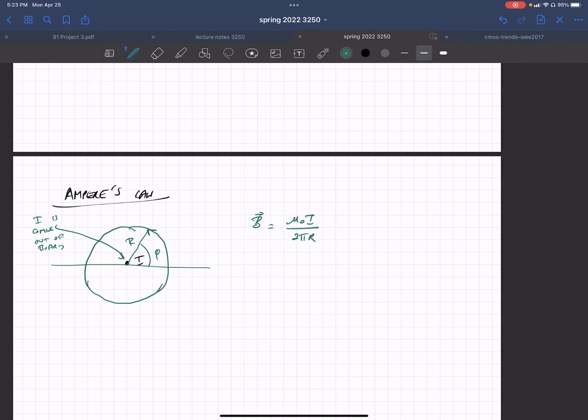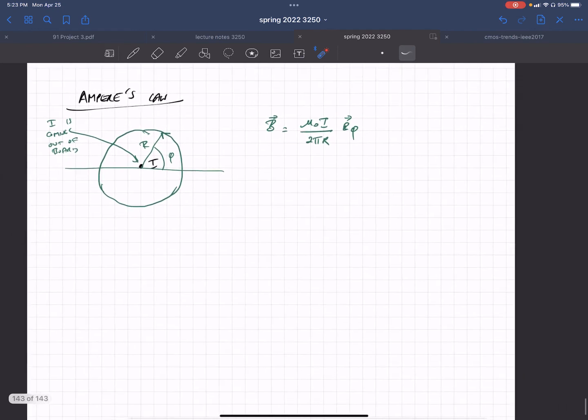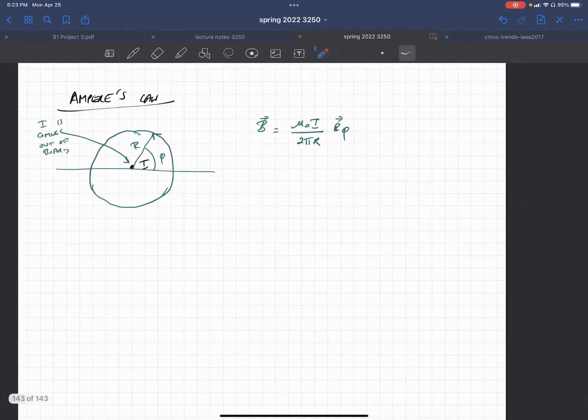The magnetic field is circulating around the current, so let's say it's going in the angular direction phi, going around. Remember, we're trying to come up with something similar to Gauss's law.